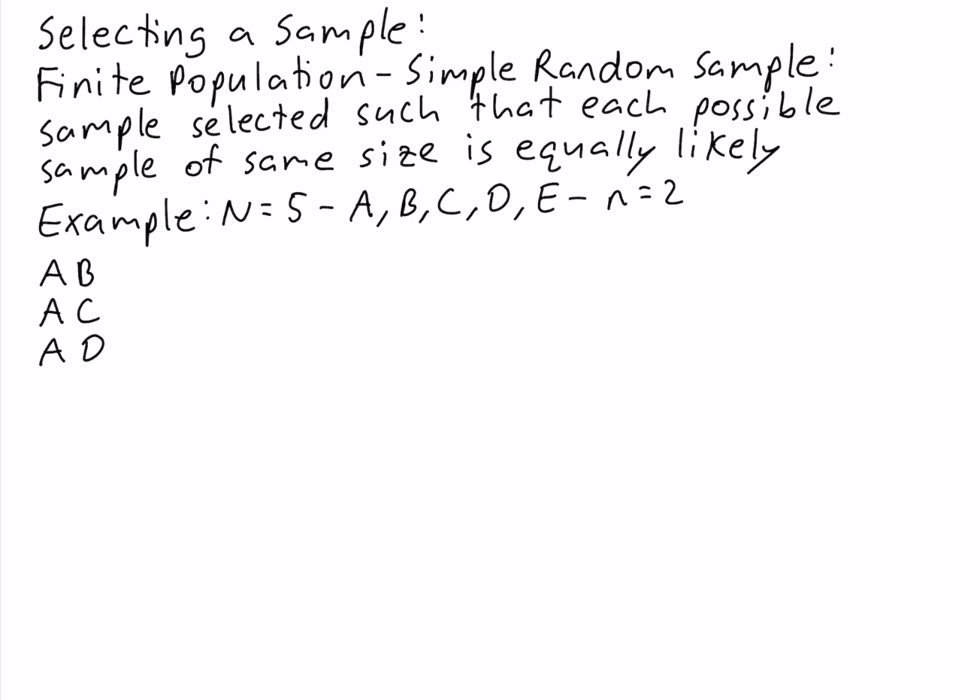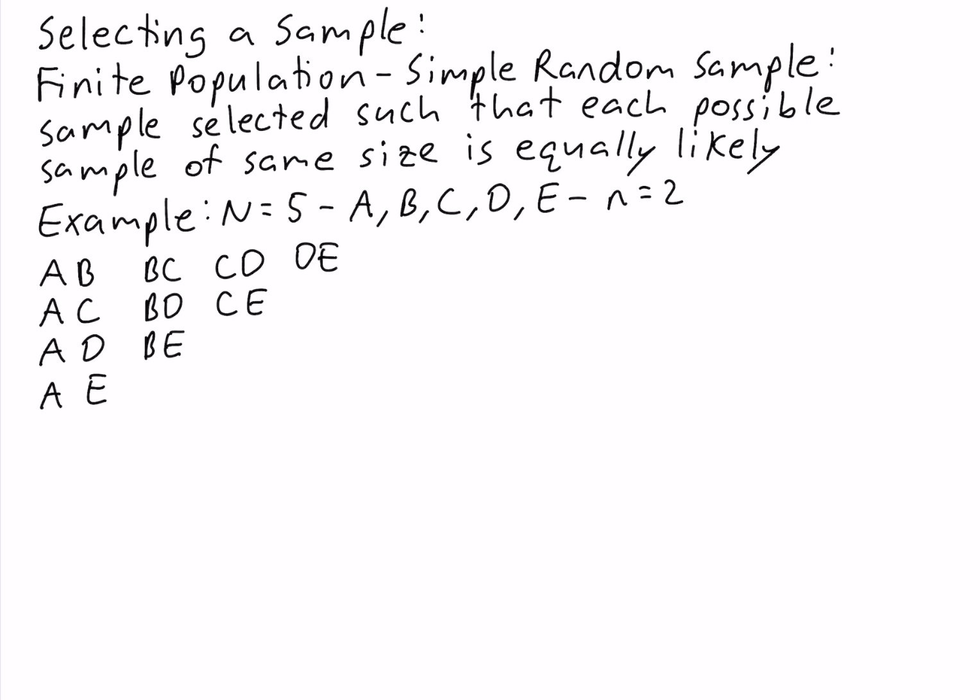A, D, A, E, B, C, B, D, B, E, C, D, C, E, and D, E. So we have a total of 10 possible samples of size 2 from this population of size 5.